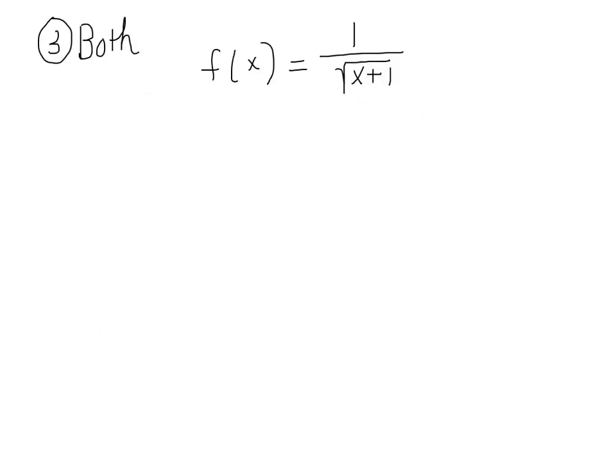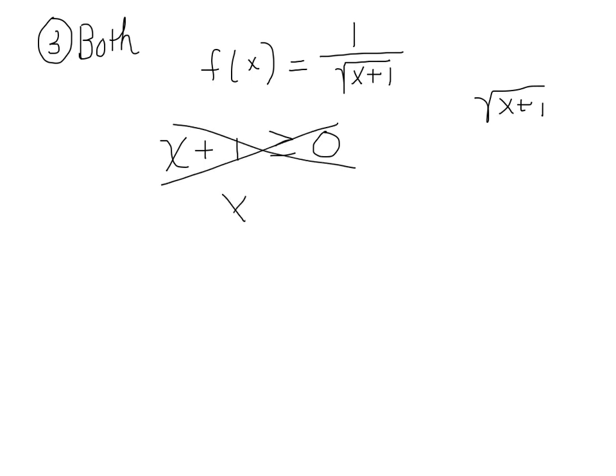The third scenario is if you have both: you cannot divide by 0 and you have a radical. We know from the radical that underneath it has to be greater than or equal to 0, if all I have is the square root of x plus 1. But since this is in the denominator, it cannot equal 0. So instead I would have x plus 1 is greater than 0, but not equal to.